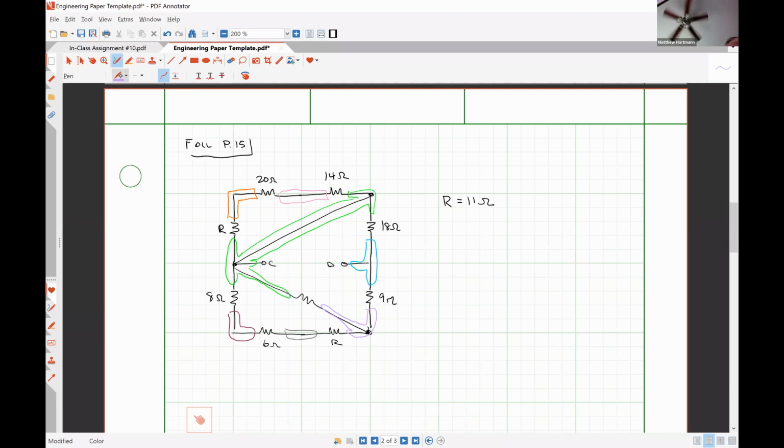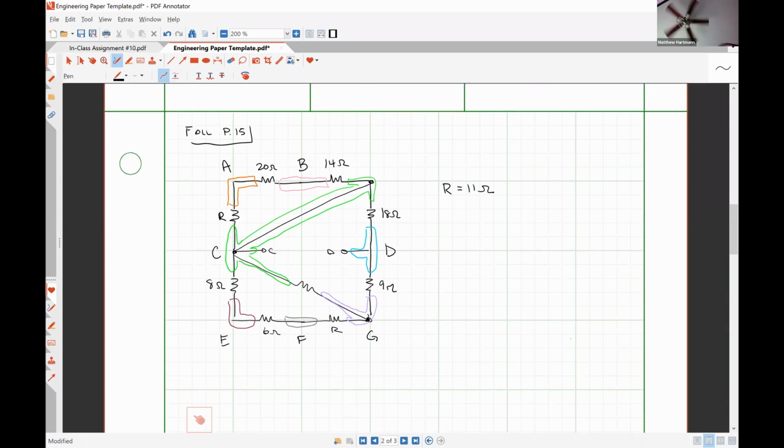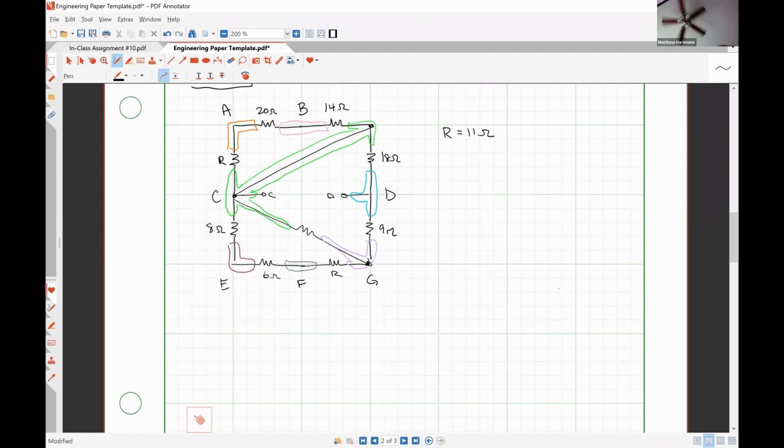And I'm going to label them. So this green node is obviously going to be C because it's connected to terminal C. This blue node will be D. So I'm going to call this guy up here A, B, there's C, D, here's E, F, and G. Now what I did in my solution to this problem, I may not have done that in this class, and I'm not sure why, because I actually like to do it.